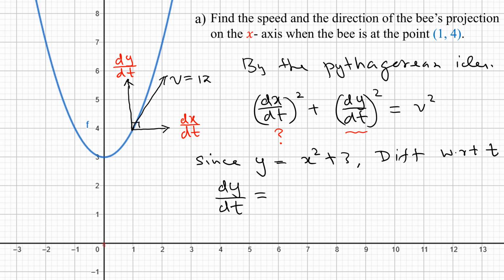By the chain rule, we can write this as dy over dx first and then dx over dt. So this is a chain rule step. dy over dx is very easy to find, which is 2x. dx over dt, we write it like that. You can see this is the same thing we just did. Now we're going to plug this into the equation, by substituting.